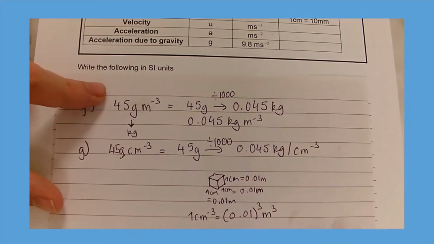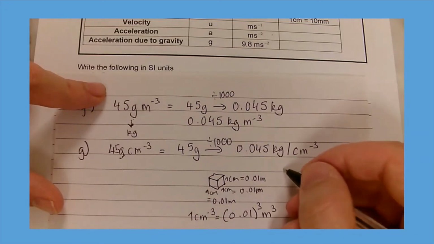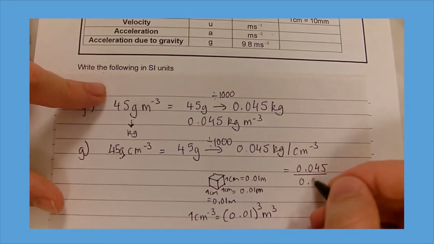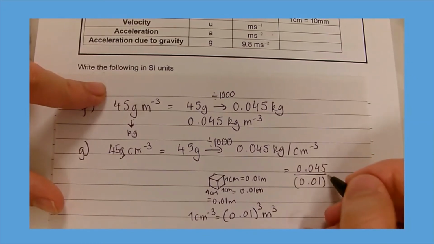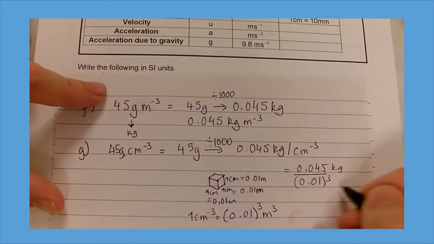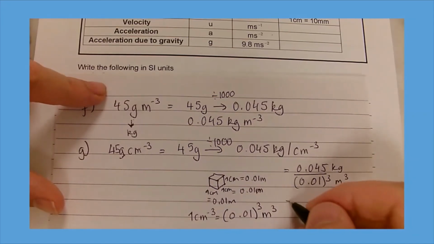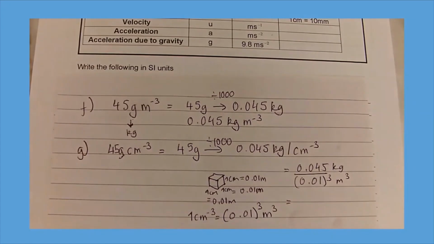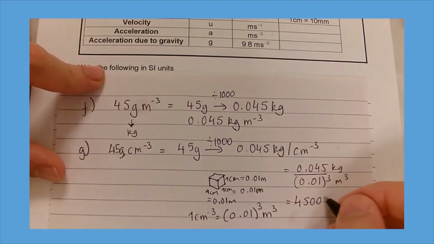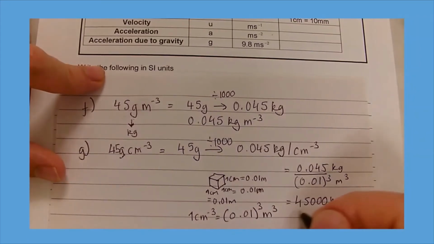So in terms of our final answer, 0.045 divided by 0.01 cubed will give us our answer in terms of kilograms and meters cubed. So 0.045 divided by 0.01 to the power 3, what you get is 45,000 kilograms per meter cubed.